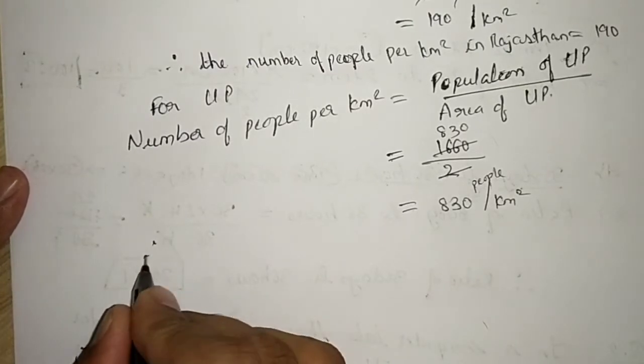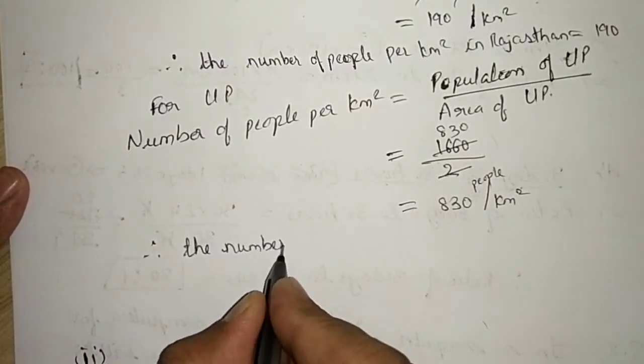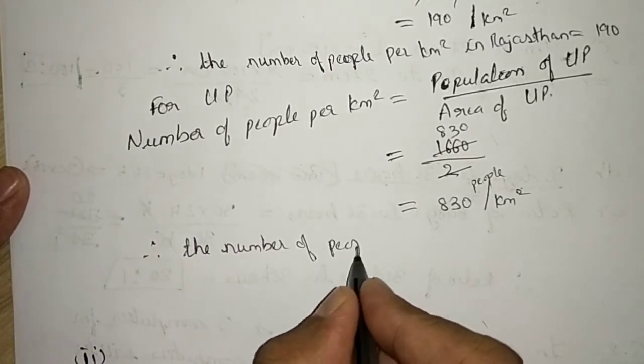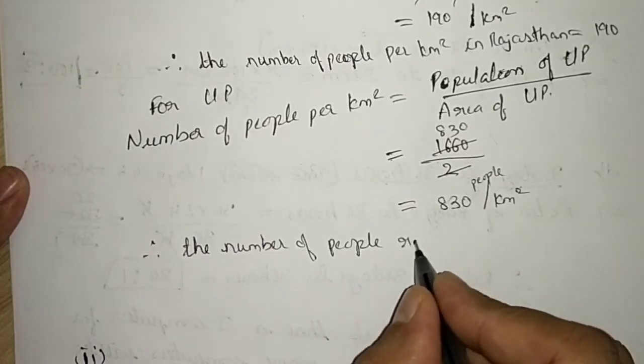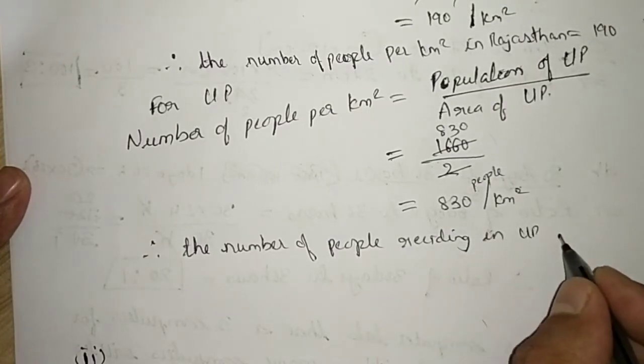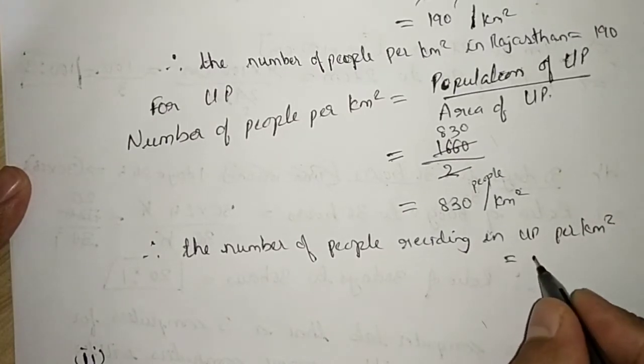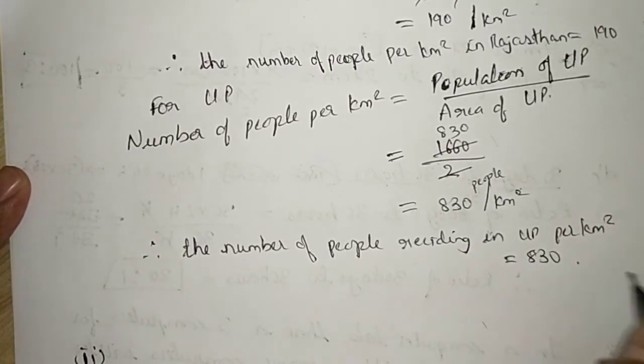So we will write again, therefore the number of people residing in UP per square kilometer is equal to 830.